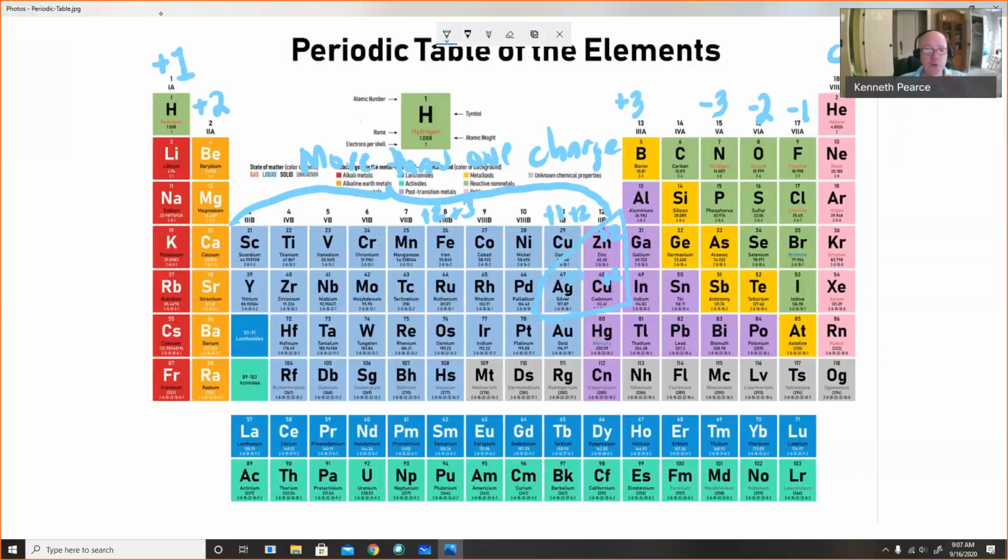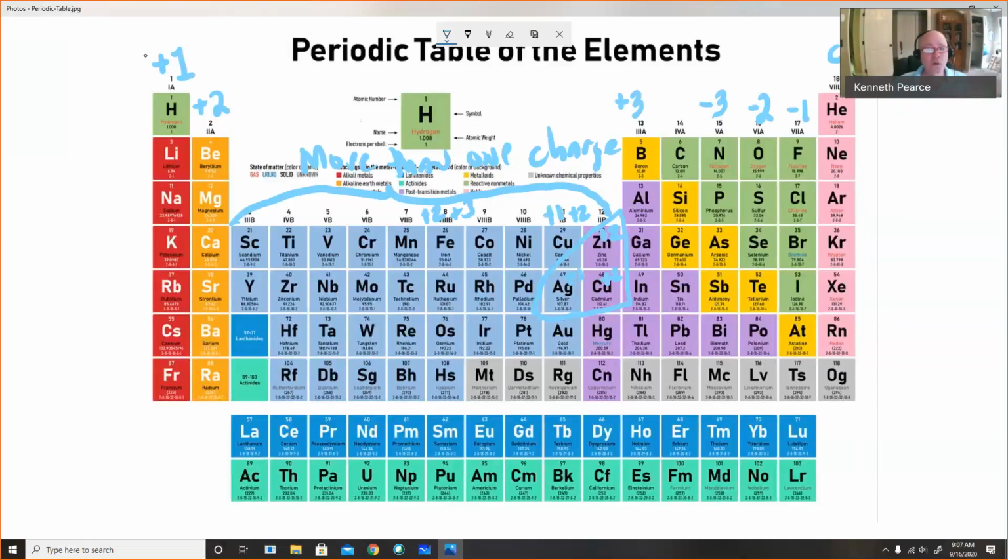For right now, let's focus on the +1, +2, +3, -3, -2, -1, 0 pattern that we know is going to be the case. I'll show you later on how we can figure out what the charge is on these transition metals.